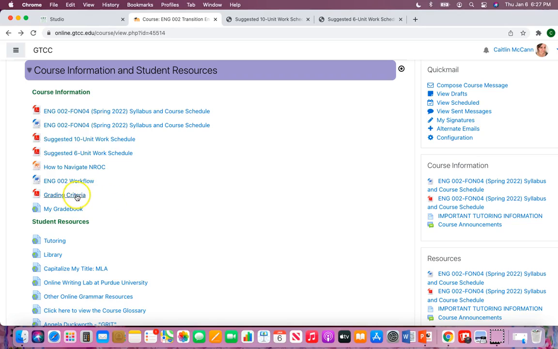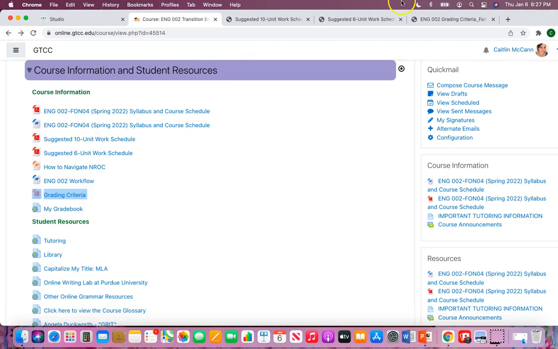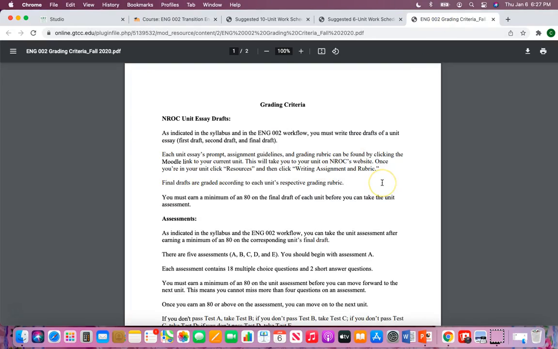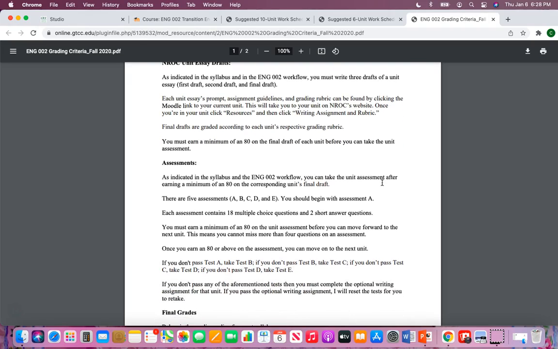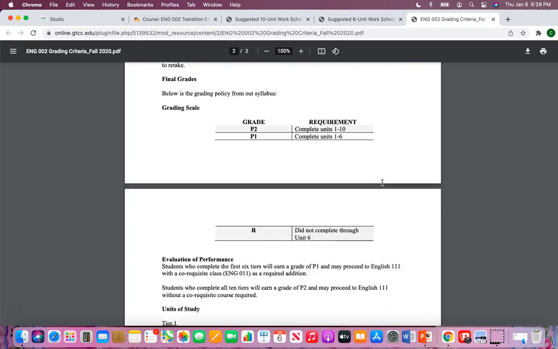And then below the English 002 workflow document, I have a PDF that contains grading criteria. I don't walk through this particular document, but I do explain how things are graded in this class in the syllabus video.